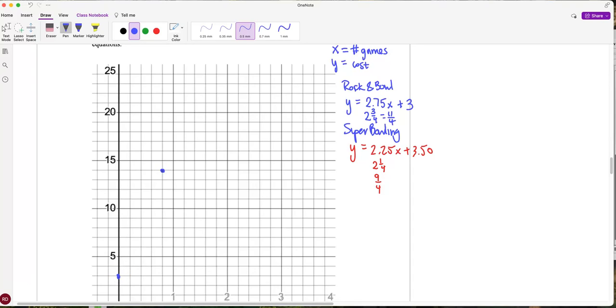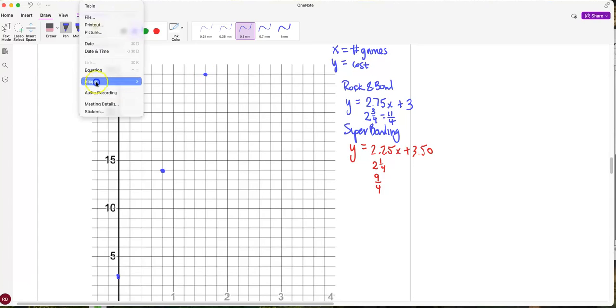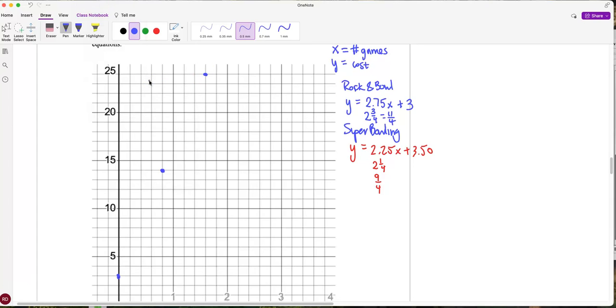And then 14 plus 11 is 25, go over 4. Right there. That should give me the first line. So insert my line going through these points.